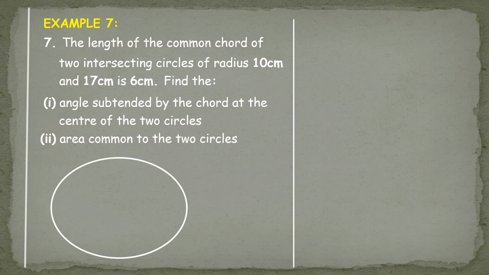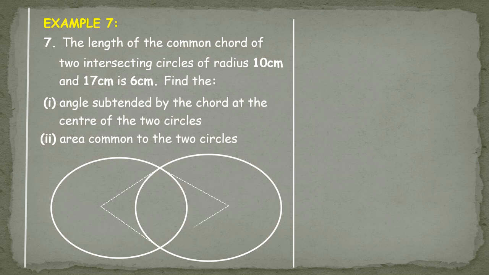So we start by sketching, and we put in all the information that has been given in the question. So we have two circles. The first circle has a radius of 10, the second one has a radius of 17.